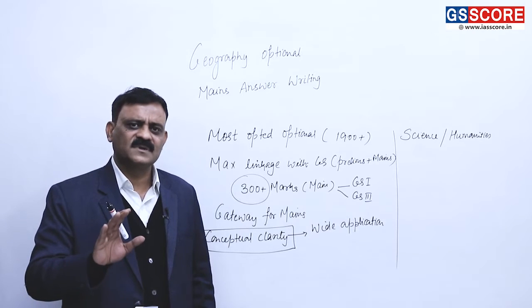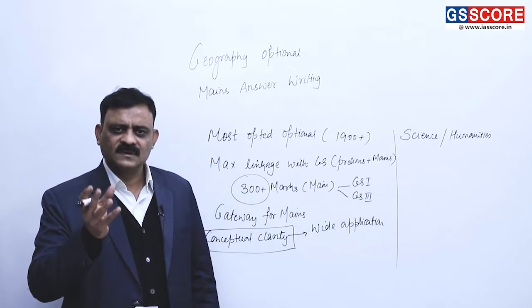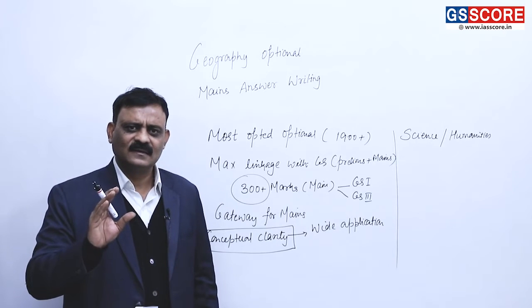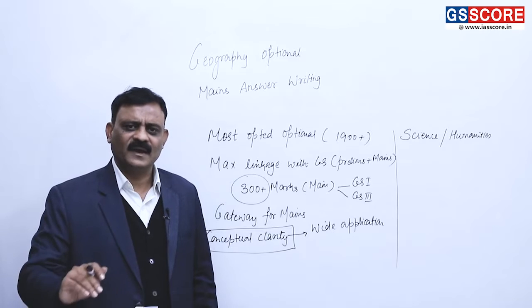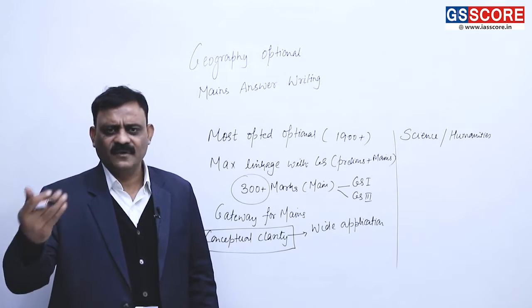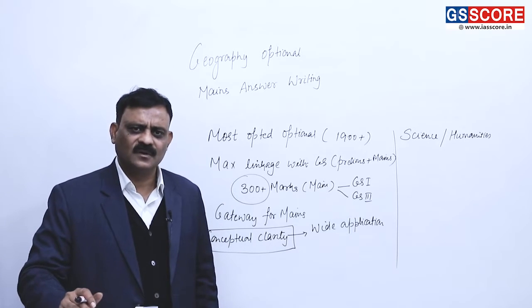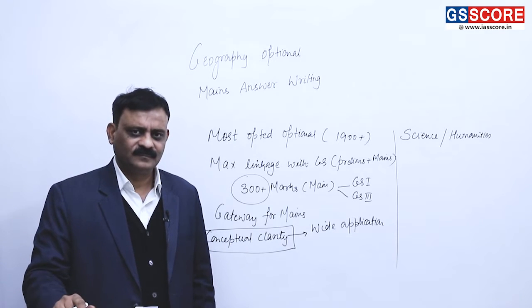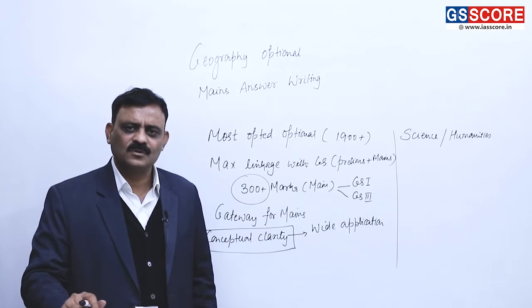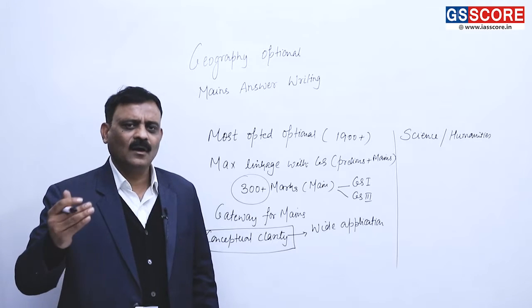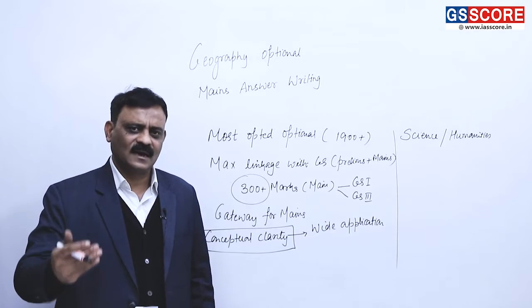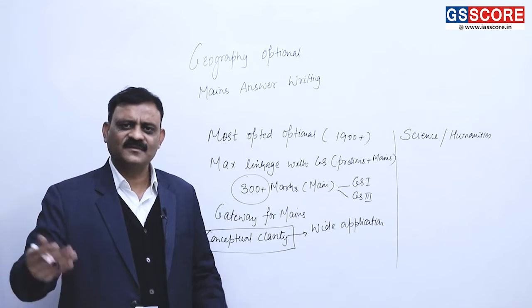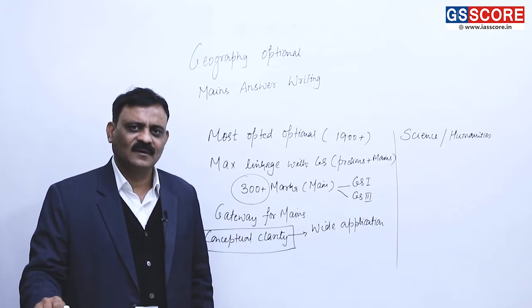Most of the concepts are related to 9th or 10th standard science and will apply even if you don't take geography as an optional. You need to understand them for the purpose of general studies, and the rest of the things are just the humanities part of geography.